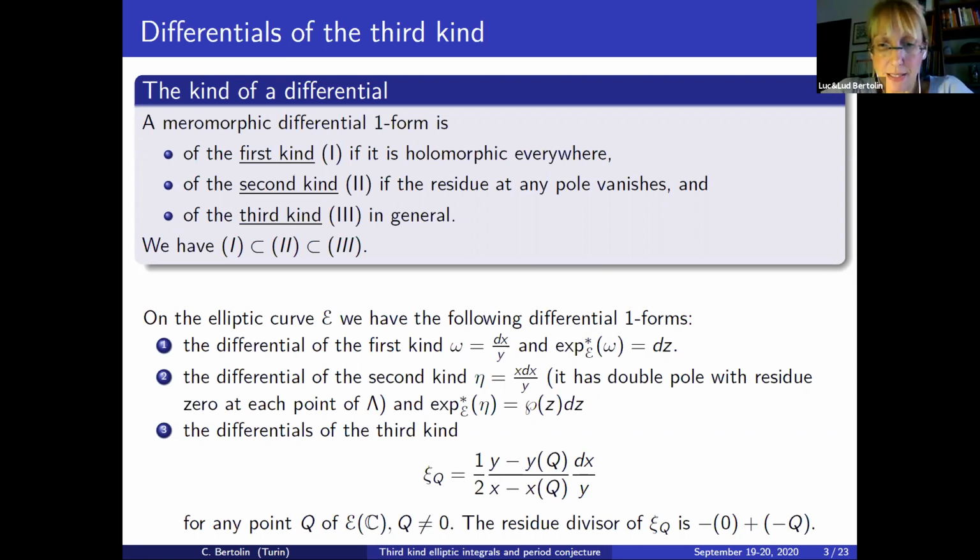What is interesting for us is that this differential of the third kind has a residue divisor equal to minus (0) plus (Q). So we have an infinity of differentials of the third kind parameterized by the points of the elliptic curve.